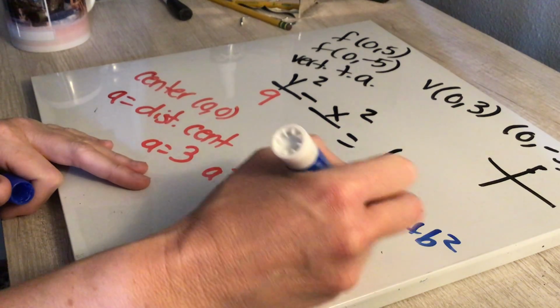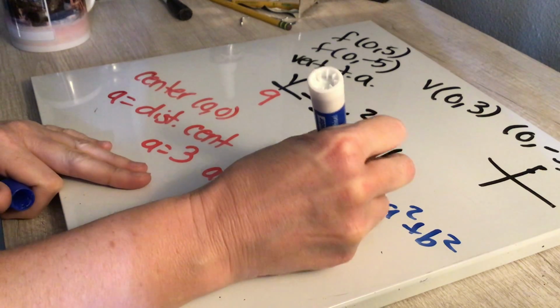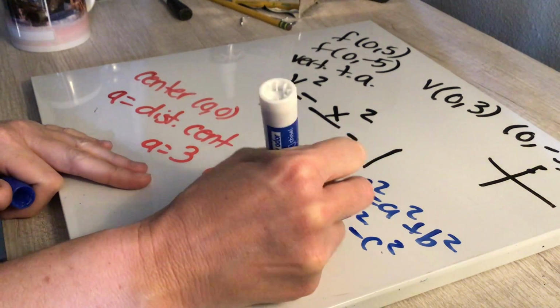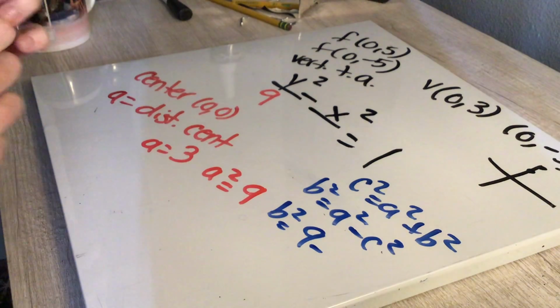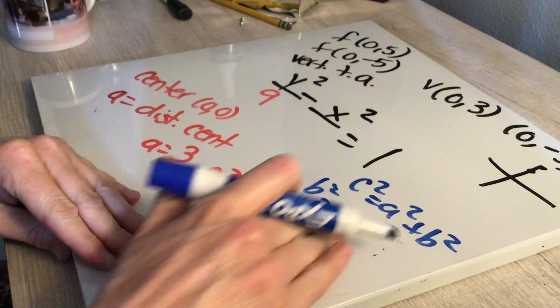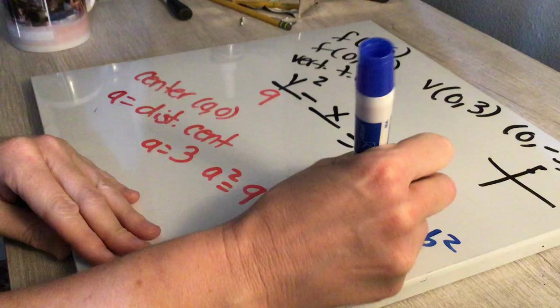So b squared is going to be, not a squared minus c squared, but c squared minus a squared, because c is going to be longer than a for hyperbolas.